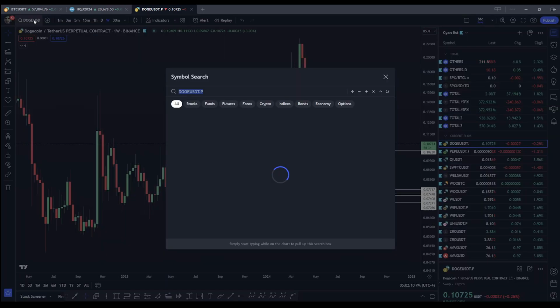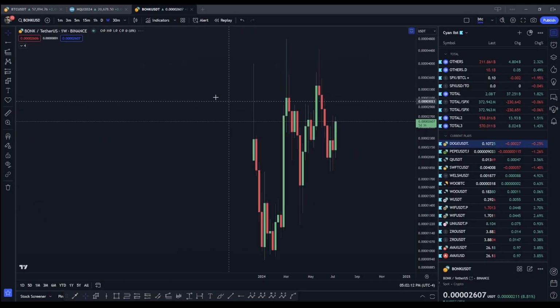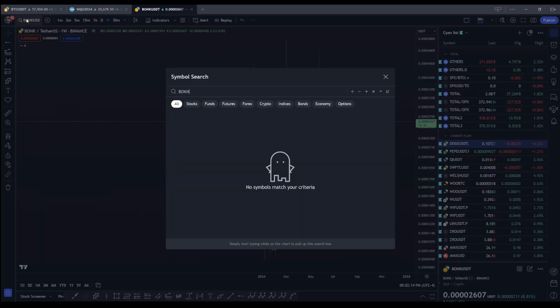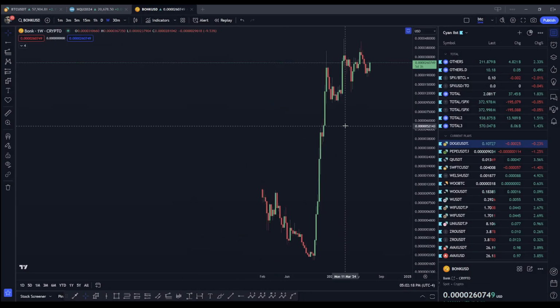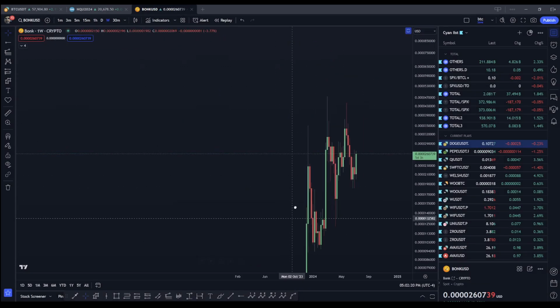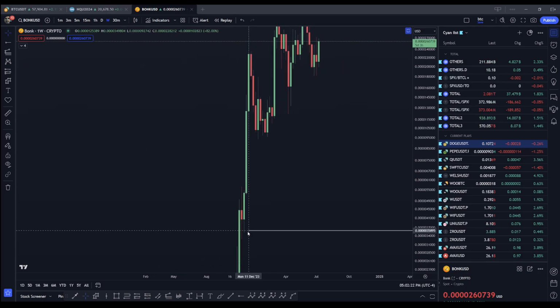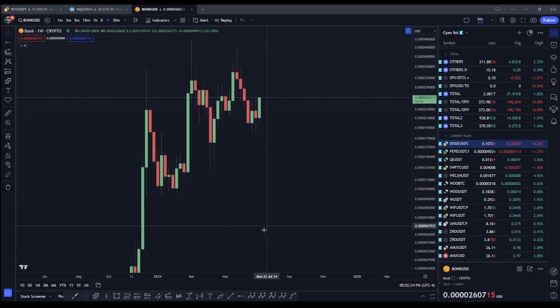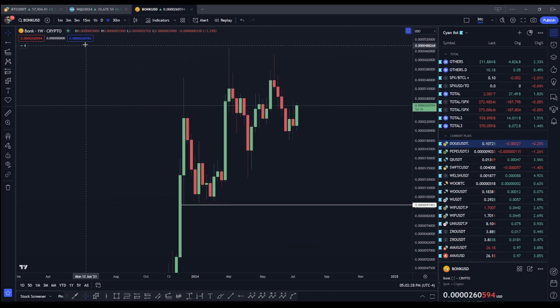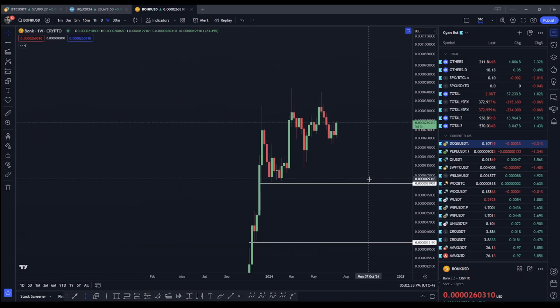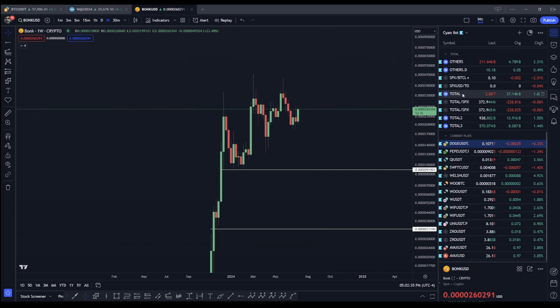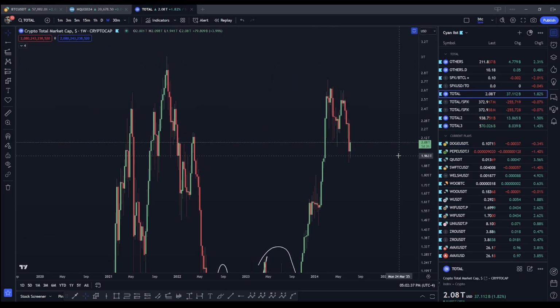How about, what's more like BONK? Wow, what a chart. Not that bullish, to be honest. I think that we will get the last leg sometime this month.